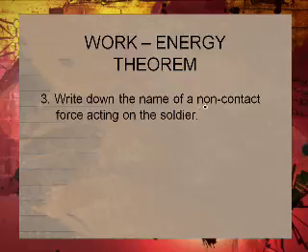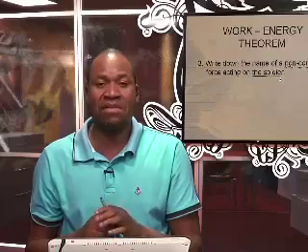Now, write down the name of the non-contact force acting on the soldier. What's a non-contact force? These are forces that exist due to fields, things like gravitational fields, electrostatic fields. We don't have a rope attached to something pulling, and we don't see physically something pushing on something else.